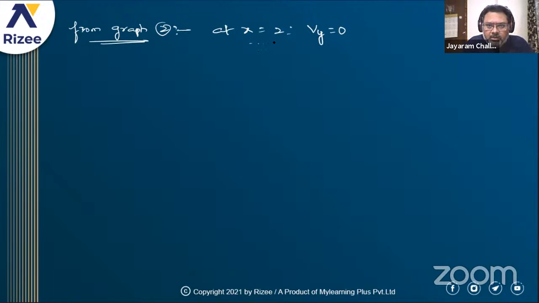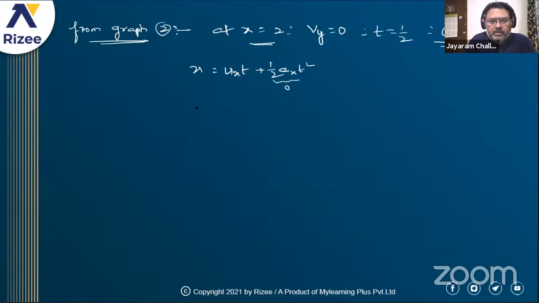Now we have got x and we have got Vy, and since it's projectile motion, for the same time, the acceleration along the x-axis is 0, this we also know. So x is equal to ux into t plus half ax t squared. This term is 0. So 2 is equal to ux into 1 by 2. So ux is equal to 4 meter per second. We have got uy equal to 5 meter per second. Let's verify: 5 meter per second. Yes, and ux is equal to 4.